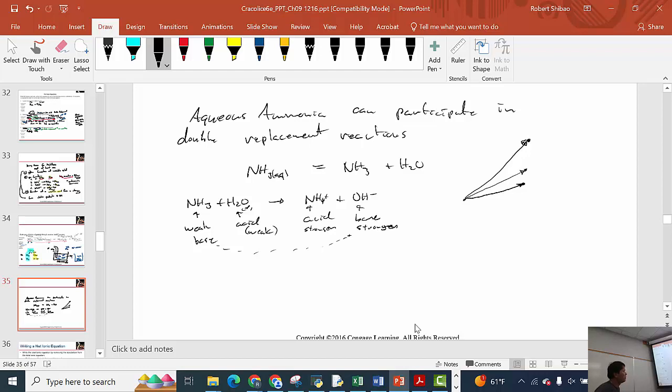So the stronger the base, over here we have the weaker, over here we have the stronger. And the stronger it is, the more severe the climb.